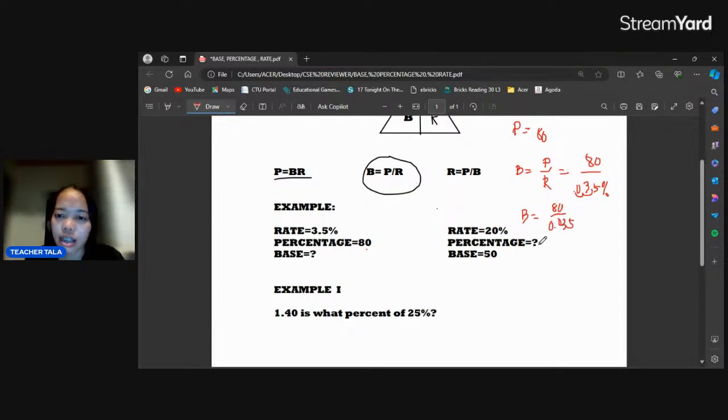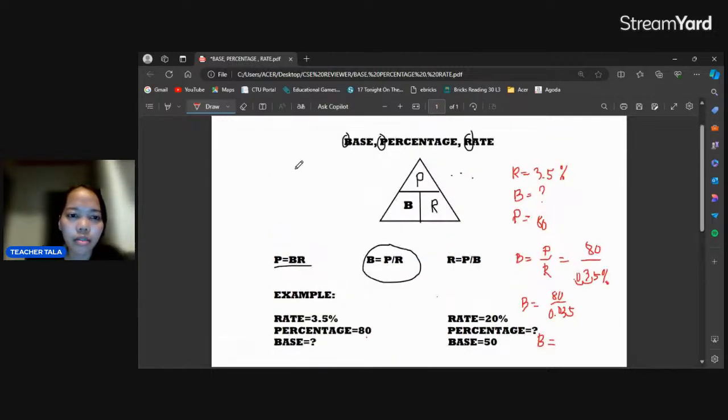Tapos, i-divide natin. B is equal to, so let's divide 80 by 0.035. And since hindi pwedeng mag-decimal point tayo sa divisor, kukunin na naman natin si decimal to the right.